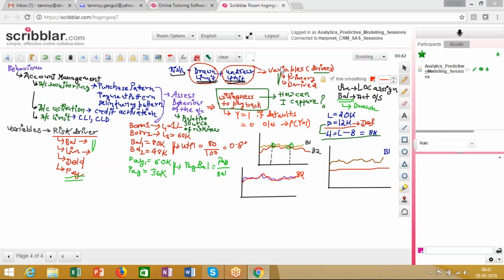So to assess the relative riskiness of the borrowers, willingness to pay is one metric, and another very important metric that is looked into is the delinquency variable. Delinquency is a behavioral trait.